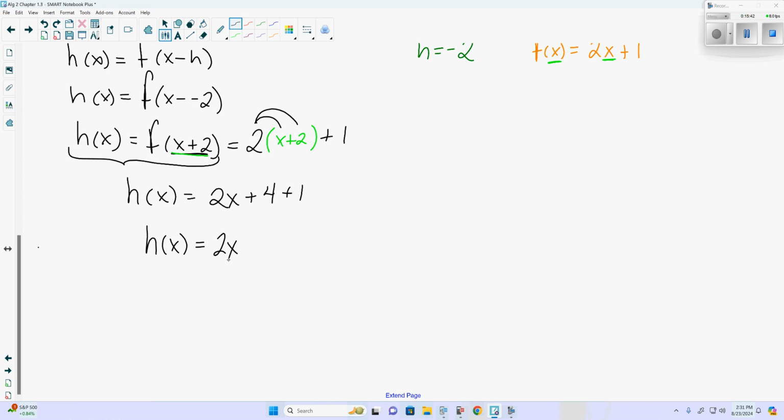And the last thing we need to do is combine like terms. 2x plus 5. That's it. Questions on this here? Okay.